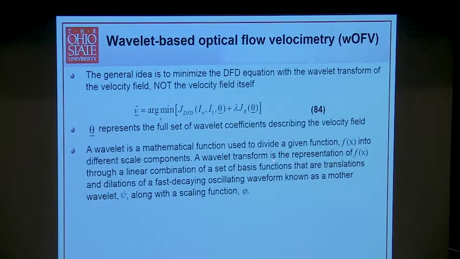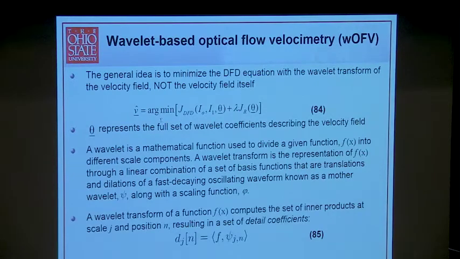A wavelet transform represents whatever signal or function F we want through a linear combination of basis functions that are translations and dilations of a fast decaying waveform known as a mother wavelet. So a wavelet is just some function itself, and we can use it to act on whatever given signal or field function we want.